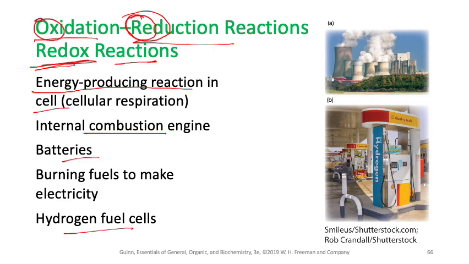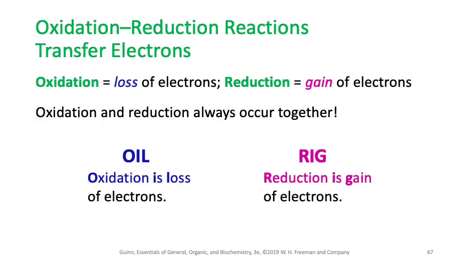So let's understand what redox reaction, oxidation and reduction reaction, is. An oxidation reduction reaction is a type of reaction where you transfer electrons. Oxidation is a reaction where the element loses electrons or donates electrons.